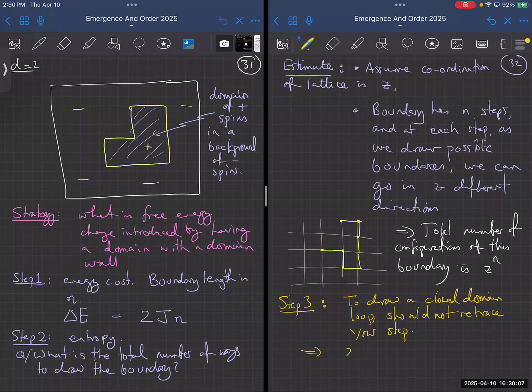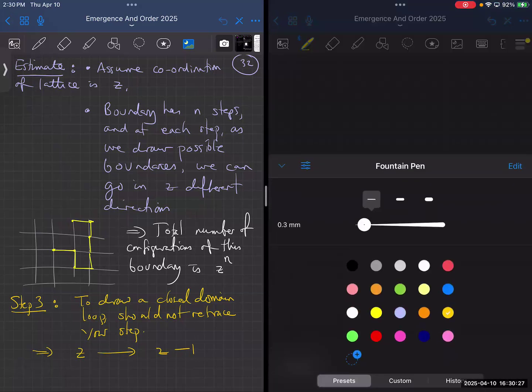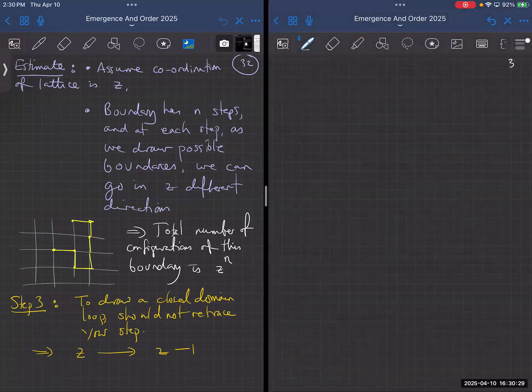We'll just replace z by z minus 1. Now that's also not quite correct, but it's definitely a lot better than before, and it's not going to make a difference to the final answer. So we're just going to go with that, and it can be improved if you really want to. But as you'll see, there's really no reason to improve it. So what we've done is we're going to replace the entropy.